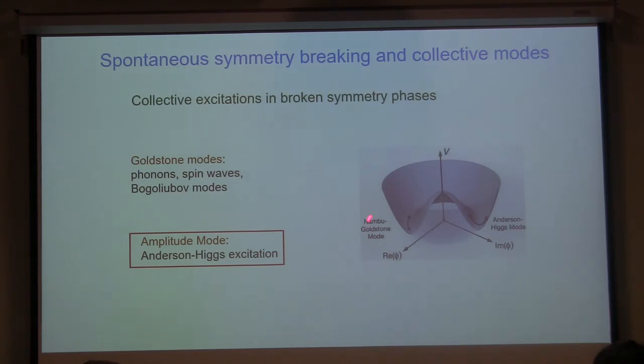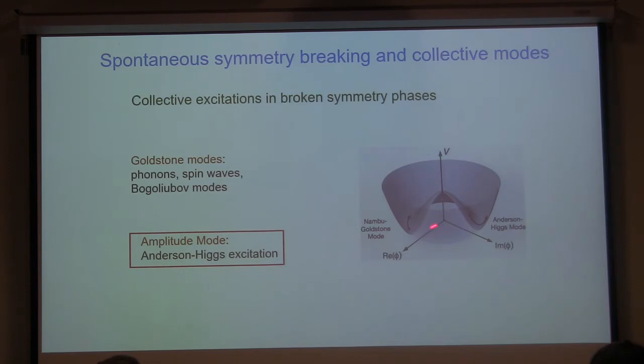So we have a minimum, and the symmetry is broken, so we can think of some kind of particle at the bottom of this potential, representing one of the broken symmetry states, and then we can have fluctuations at the bottom of this potential, and these are the usual Goldstone modes.